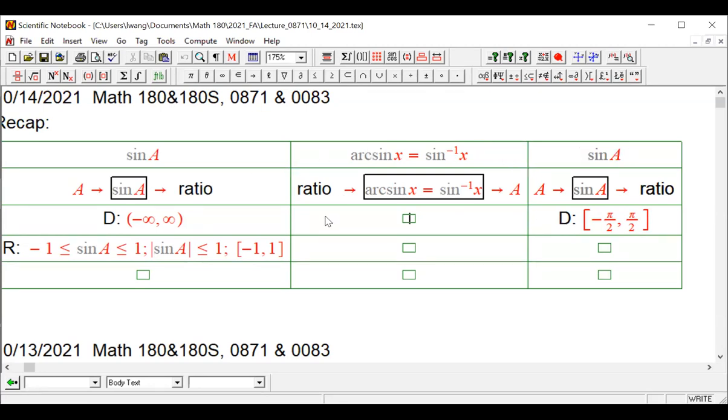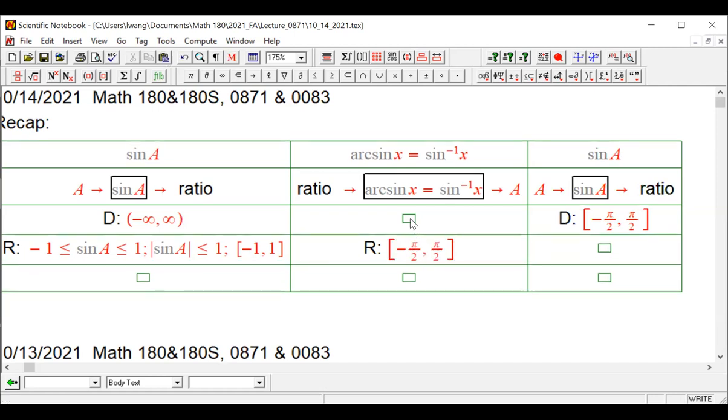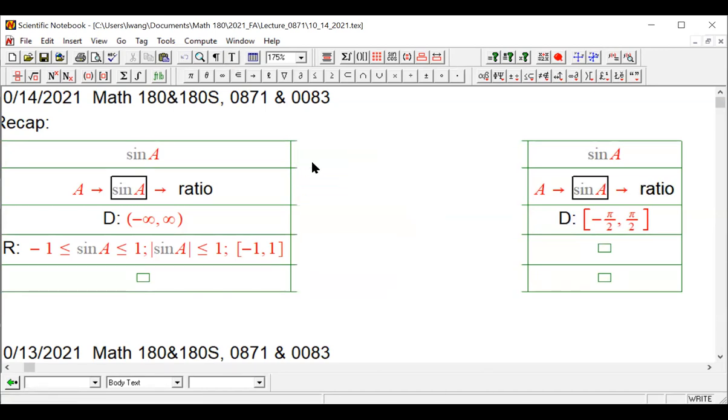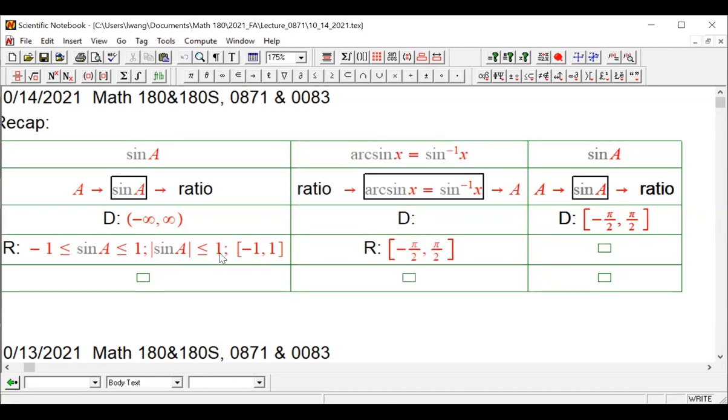One's domain is the other's range. So this domain will be the range for its inverse, and the range then becomes the domain: for the ArcSine function, the domain will be from -1 to +1, and that will also be the range for the other one.